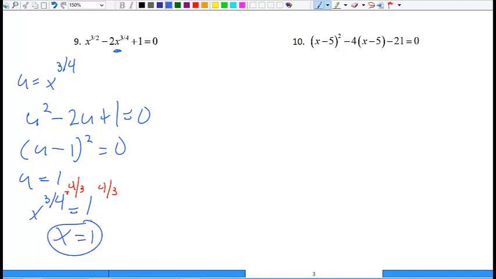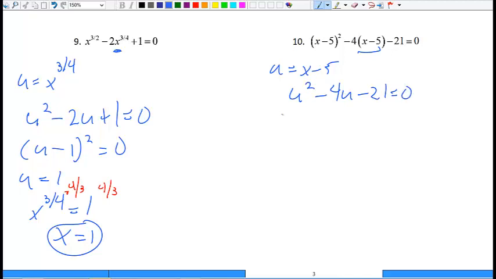Okay. Number 10, u subs work the same for something like this. Without a u sub, we'd have to FOIL and combine like terms, and we'd just be doing this for a while. But I can set u equal to x minus 5, and then if I convert this all in terms of u, I get u squared minus 4u minus 21 equals 0.